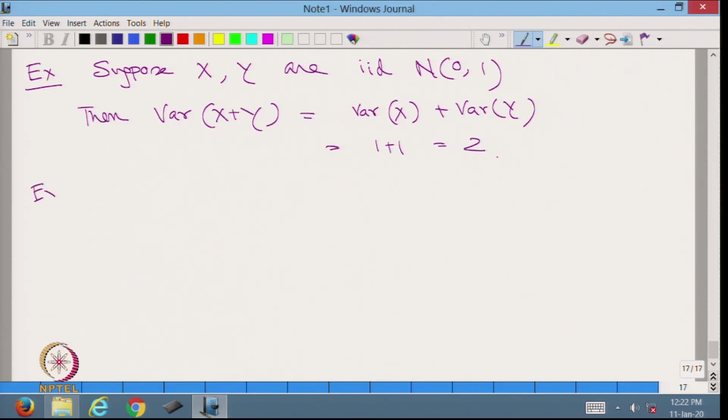Another example, suppose x is gamma(lambda, alpha), y is gamma(lambda, beta), and they are independent.